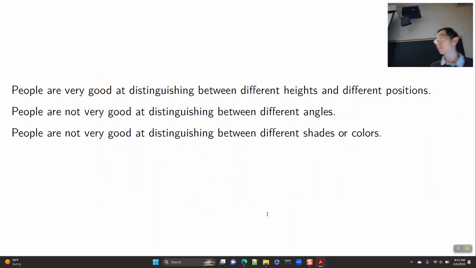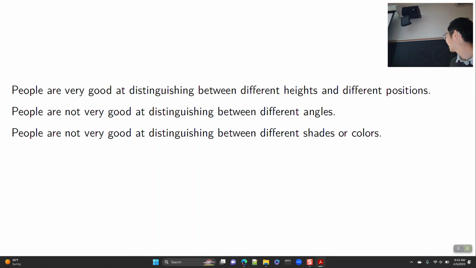But angles, okay? With a pie chart, if you imagine something shading in at like 40% and another thing shading in at 35%, it's very difficult to tell those apart. If I say which one of these has a bigger angle, it's really hard to tell, okay?